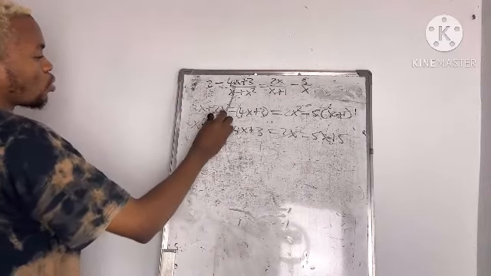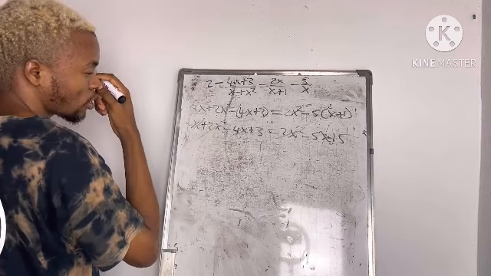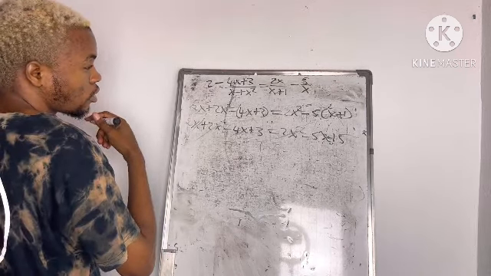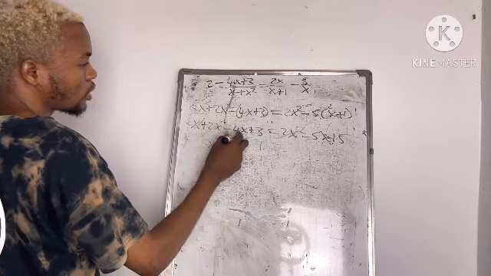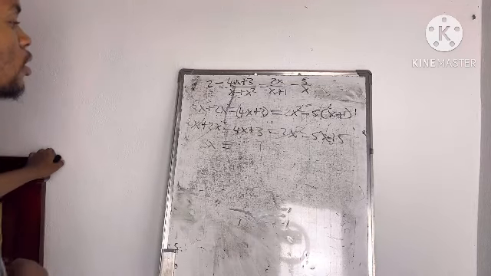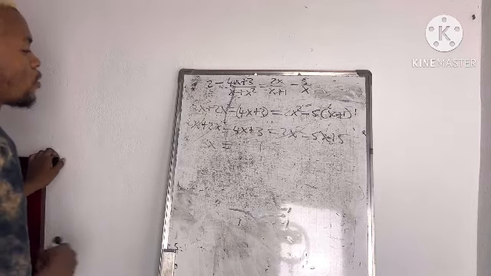X squared cancels with 2x squared. You have 2x minus this minus 2x. You take it that way, you have 3x equal to 3 minus 5, you have minus 2.